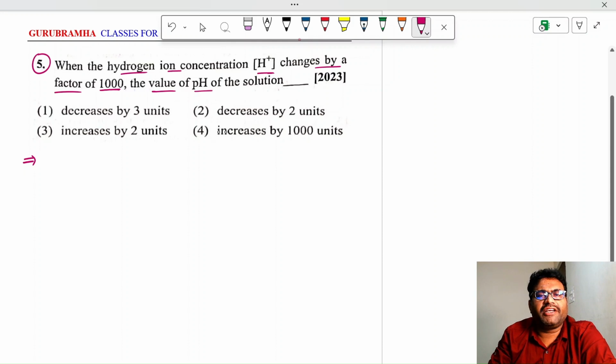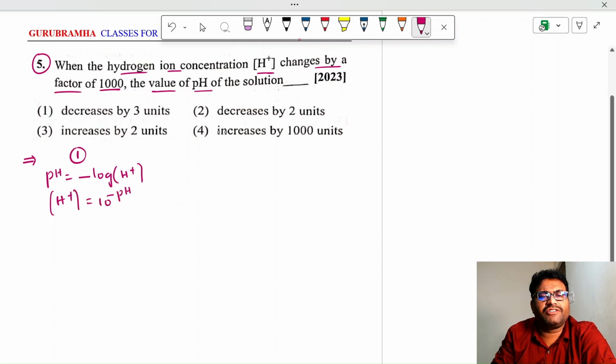Let us take, for example, there is a solution 1. Okay. So pH is equal to, we know that, minus log H plus ion concentration. And H plus ion concentration is equal to 10 power minus pH. Okay.